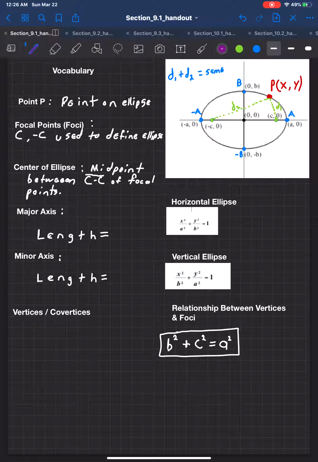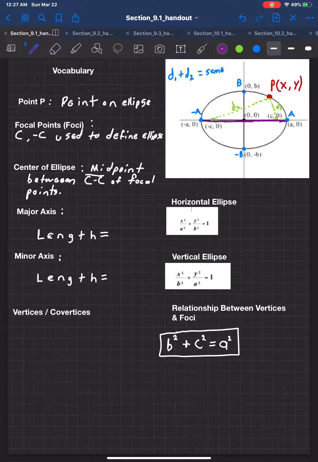The major axis is the distance from one side of the ellipse to the other side, going through the focal points in the center.